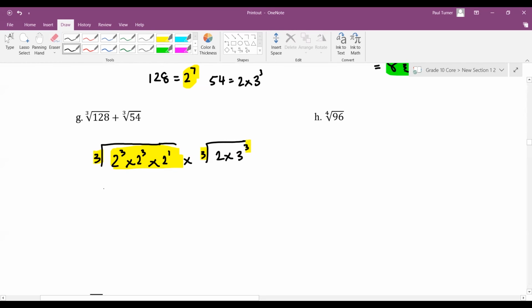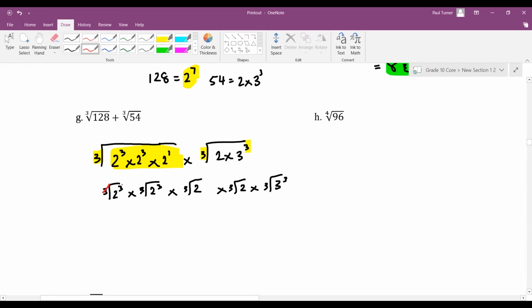So then we can break this down to cube root of 2 cubed times cube root of 2 cubed times cube root of 2. I just separated the roots. Times cube root of 2 times cube root of 3 cubed. So now we can see we can cancel some of these, right?